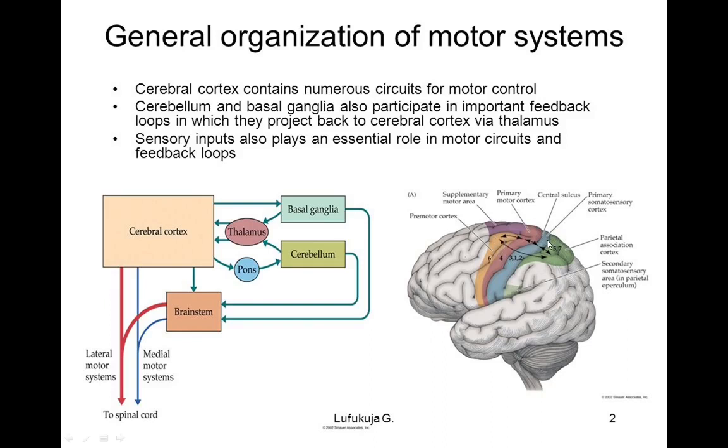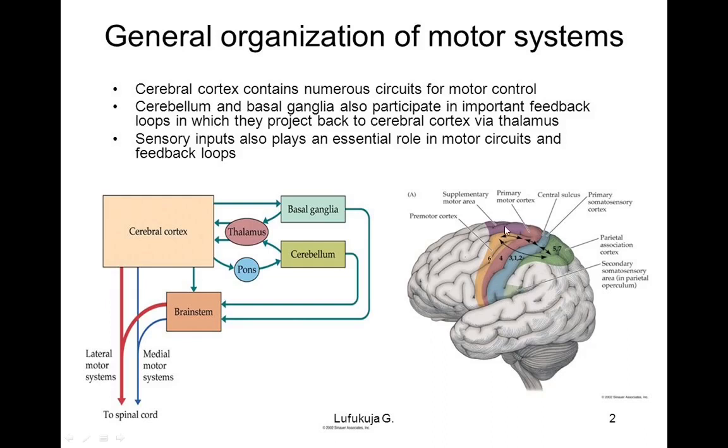Then you have areas 5 and 7, which is the parietal association cortex, which is basically a sensory cortex, but it is also involved in the loop of the motor system. And of course, these are the secondary somatosensory areas.